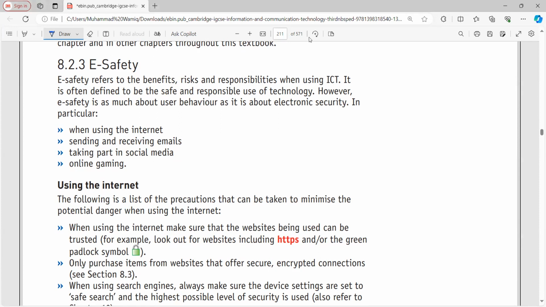Now the next part is e-safety, and e-safety mostly refers to the benefits, risks, and responsibilities associated with using your computer or ICT.